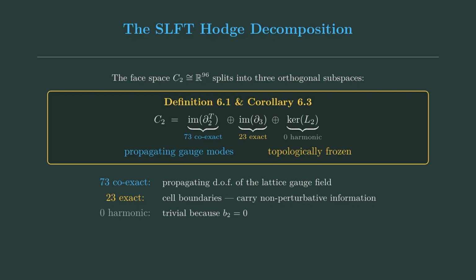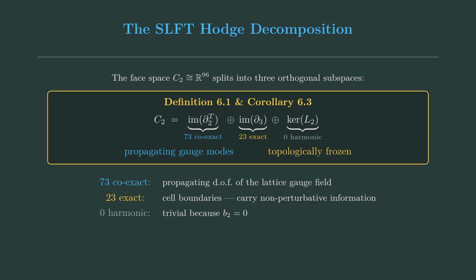They carry non-perturbative information but cannot propagate. 0 harmonic modes, because B2 equals 0. 73 plus 23 equals 96 equals F. This is the master decomposition. Every coupling constant, every mass ratio, every gravitational entropy coefficient in the theory derives from this single splitting of the face space.